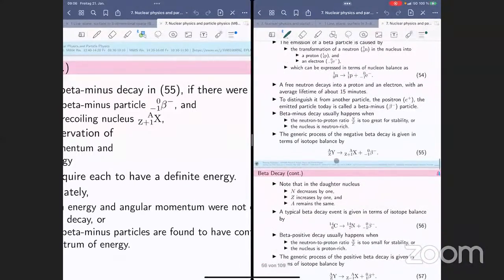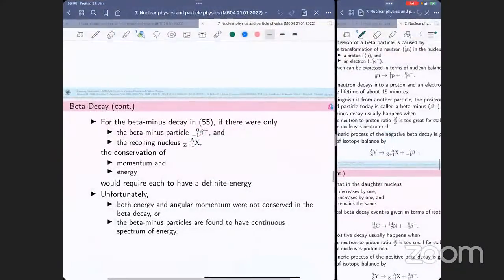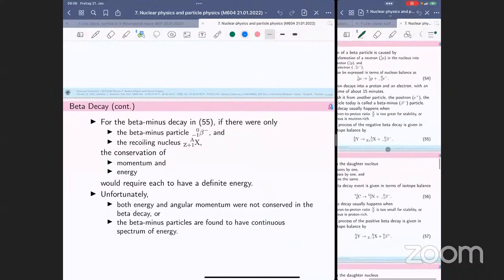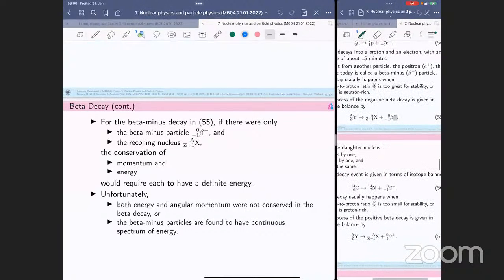In this process, the general form of the beta decay, there should be a missing particle on the right-hand side. We know before we have the input at the starting side. In the starting side, we have the mother nucleus, and it's decomposed into another nucleus, and one neutron is converted to a proton, and the electron is emitted from the nucleus.